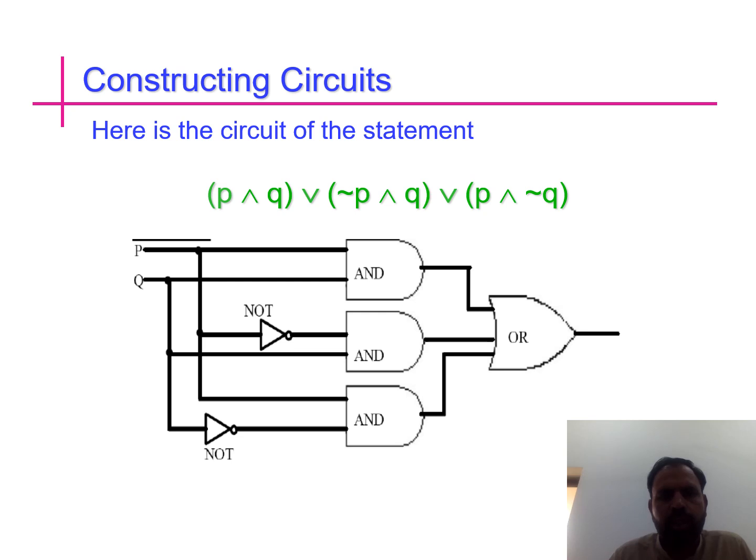Here is P and here is Q. You can see this is NOT, this is NOT, this is AND, and this one is OR. When the current flows through P and Q, then the circuit becomes completed.